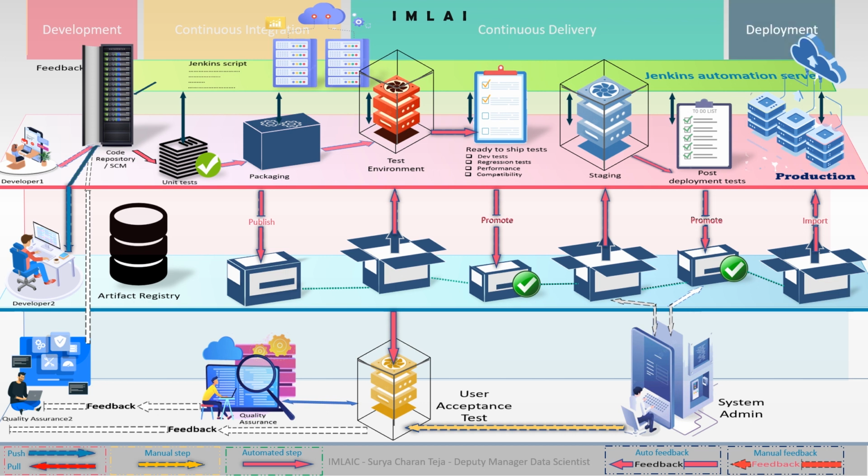So this part, after building an application, getting an archive, doing tests, putting it in the staging environment, testing it and promoting it back to the artifact registry, this part is called continuous delivery.